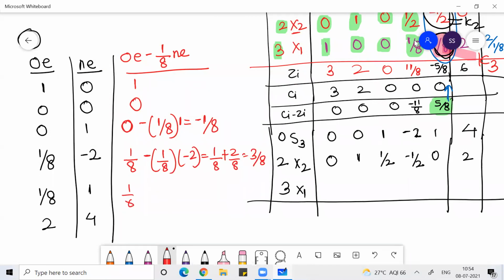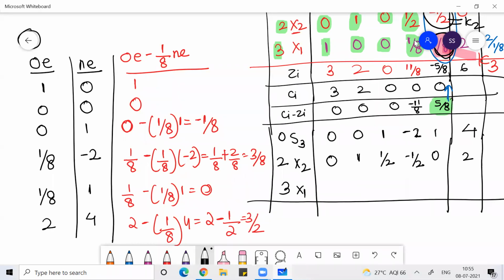This is 1 by 8 minus 1 by 8 into 1, which is 0. This is 2 minus 1 by 8 into 4, which is 2 minus 1 by 2, that is 3 by 2. So the row is 1, 0, minus 1 by 8, then 3 by 8, then 0, then 3 by 2.